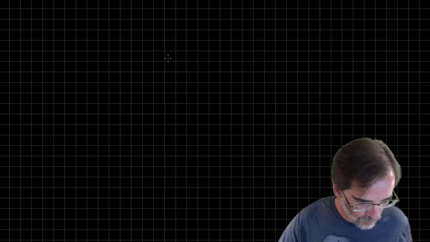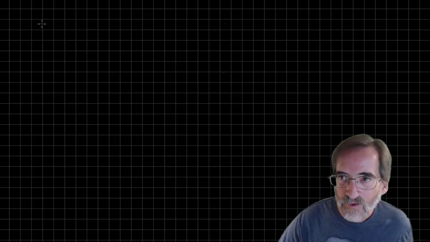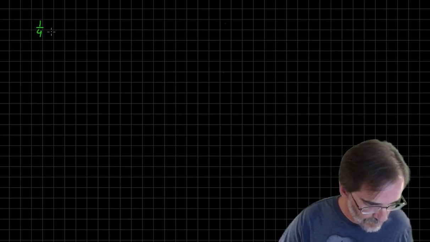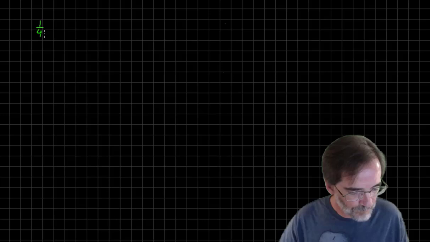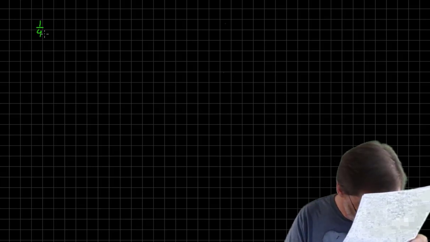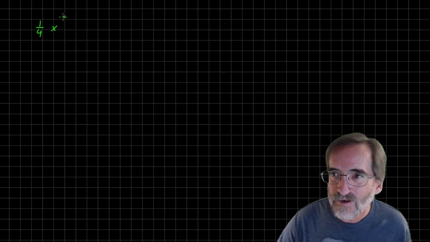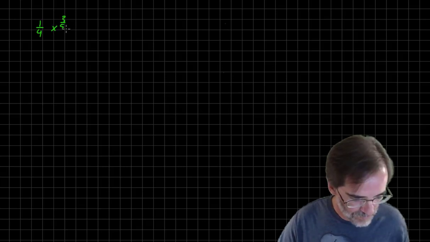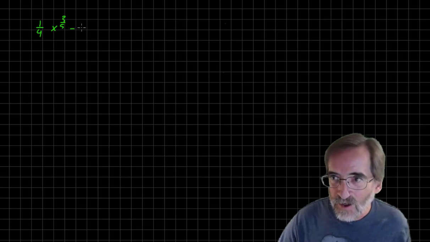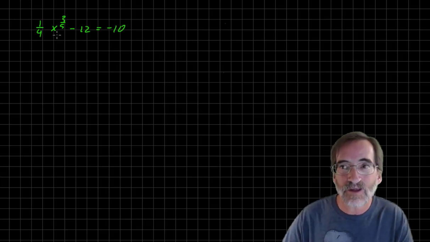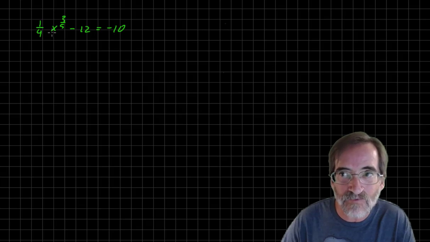So I'm going to take 1/4 x to the 3/5, minus 12 equals -10. Now you notice here there's no opportunity to get a common base. The variable is in the base itself, right? So we're going to solve this by undoing.